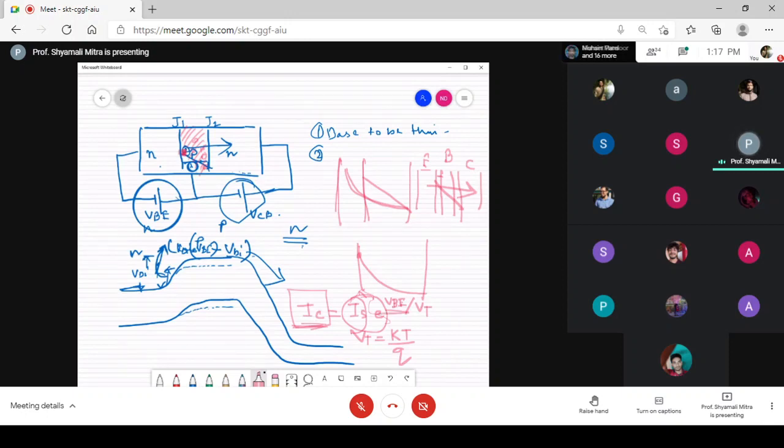You can see here that if we increase this VBE even to a very small extent, then the IC will increase exponentially by orders of magnitude. That produces a very high transconductance of this BJT, which makes the BJT a very beefy device in the end.